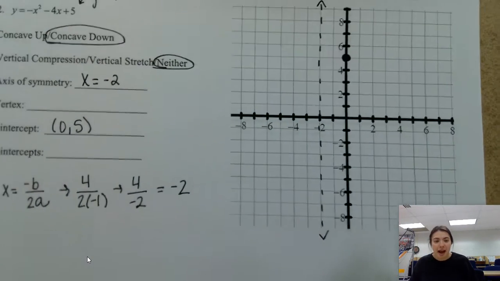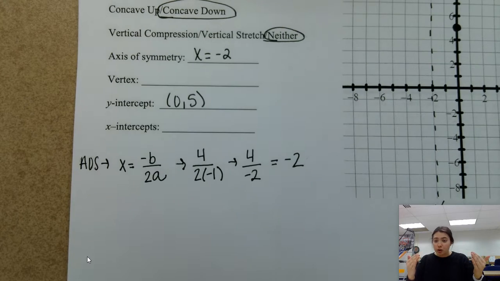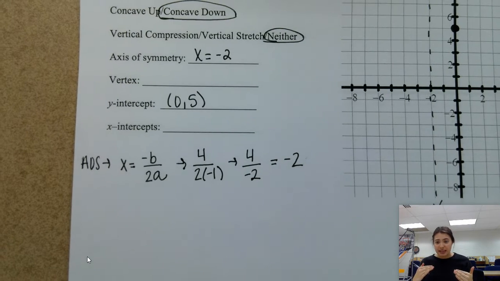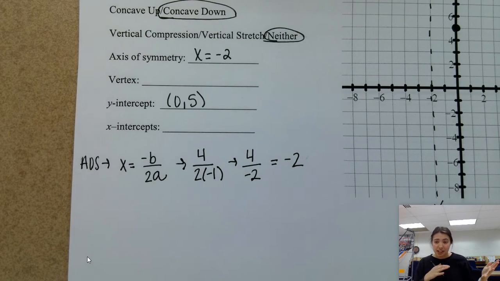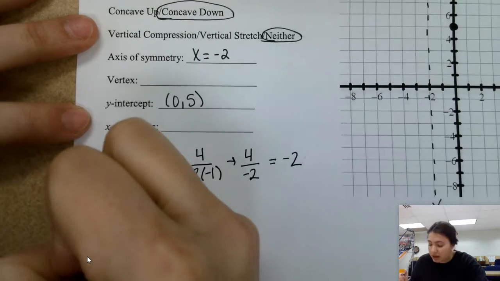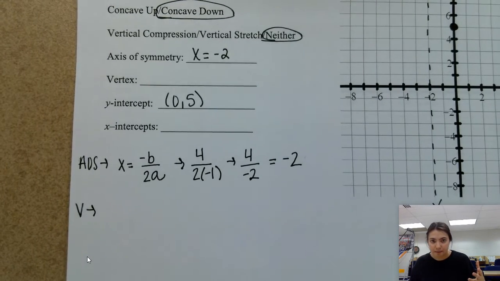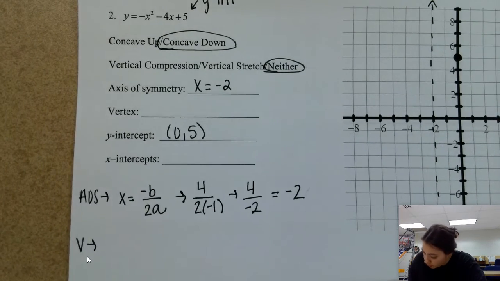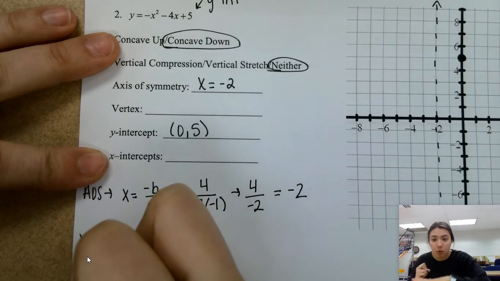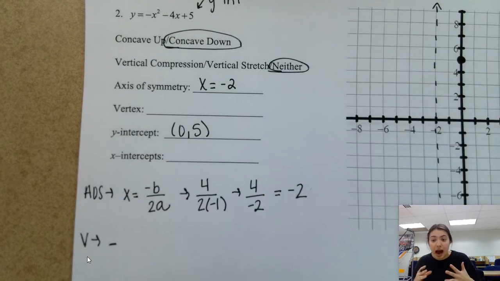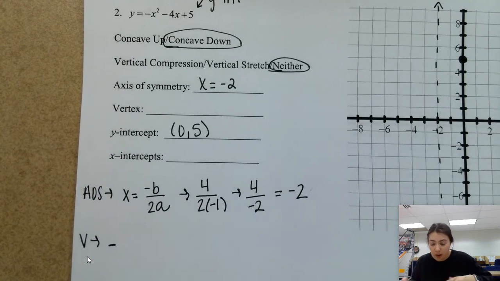So now that we know our axis of symmetry, the thing that directly falls right underneath it, because it's dependent on our axis of symmetry, is our vertex. So our vertex is going to be where we take that negative 2 value and substitute it in for x. First off, the negative out in front will always stay negative. It does not affect the substitution at all quite yet.